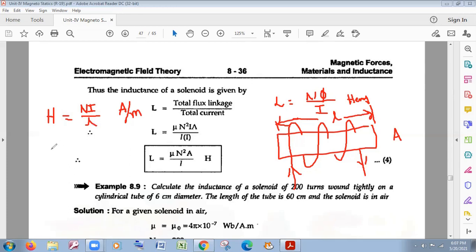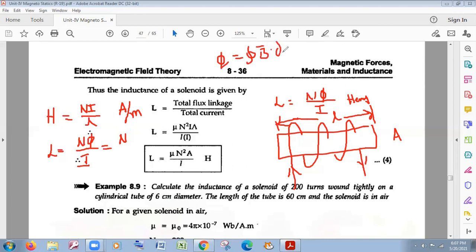The total flux linkage, whenever L is equal to the total flux linkage, means N into phi by I actually. What is N into phi? N phi is equal to the integral of B dot ds.